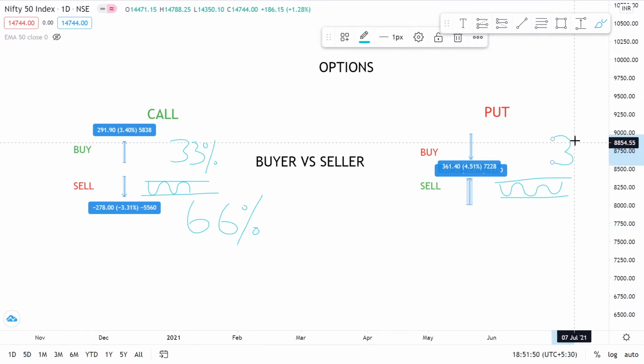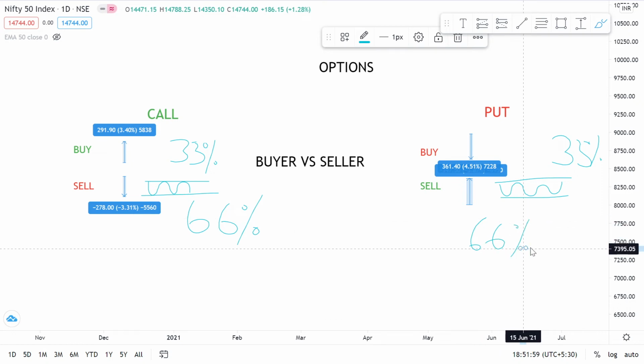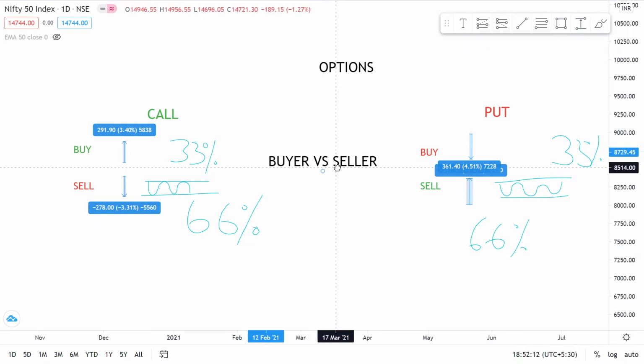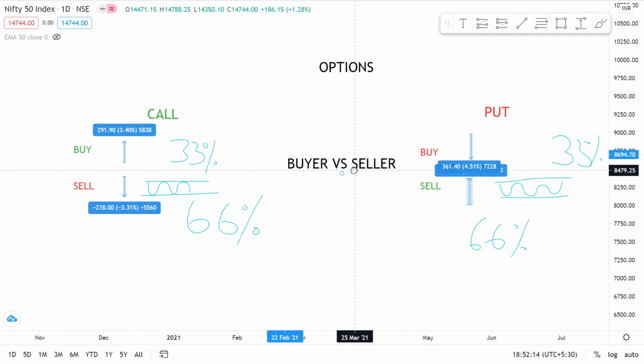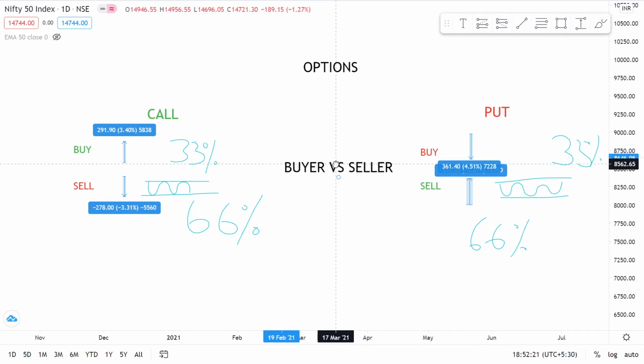Similarly, even here, put buyers have a 33% probability of winning, whereas sellers have a 66% probability of winning, because put buyers are making money when the market comes down, but put sellers are making money when either the markets go up or even sideways and range bound. So this is the disparity of probability between the buyers and sellers in the options market. This is how it is.